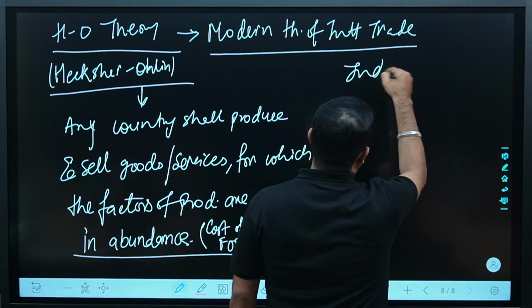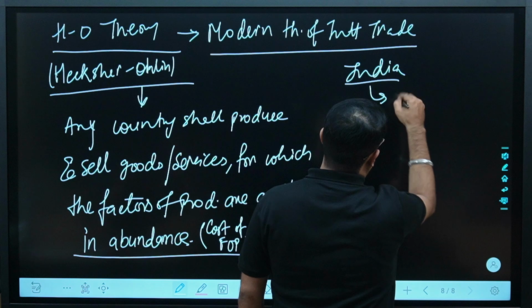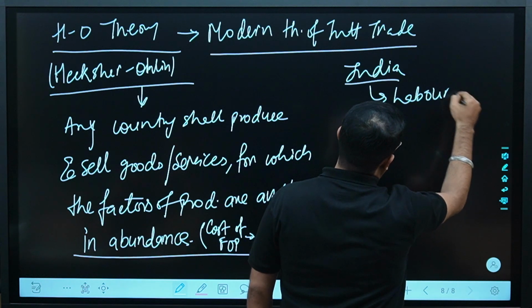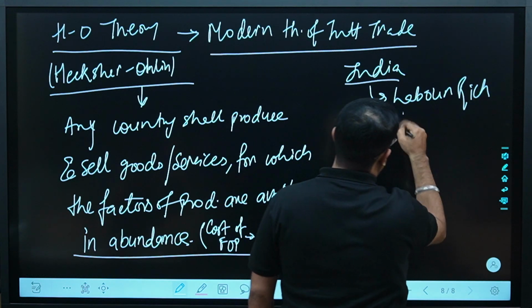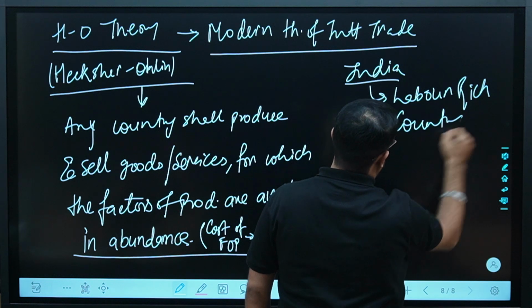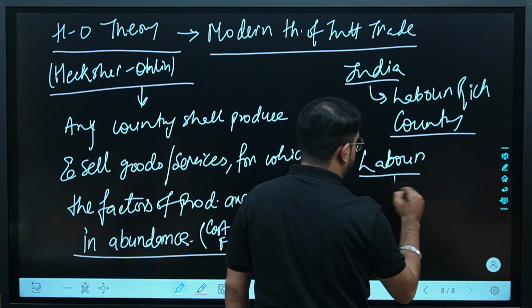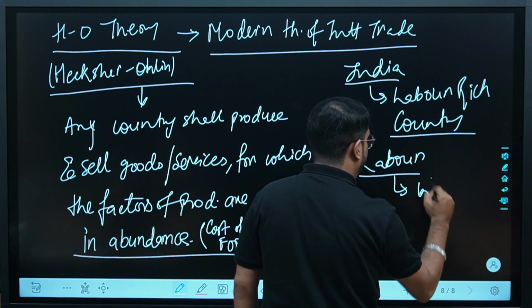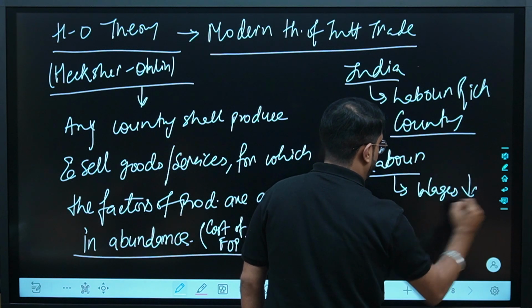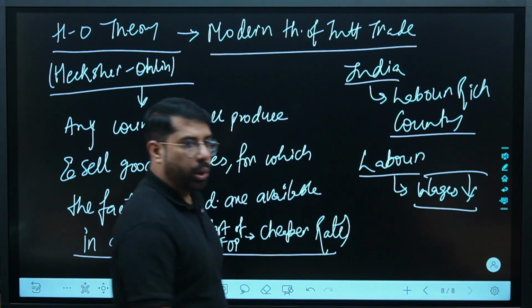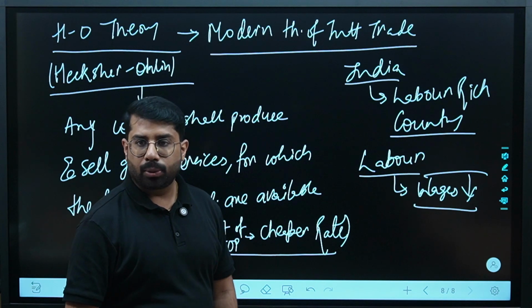For example, India, which is a labor-rich country, in India the labor is available at very less wages. So India should produce what type of goods?